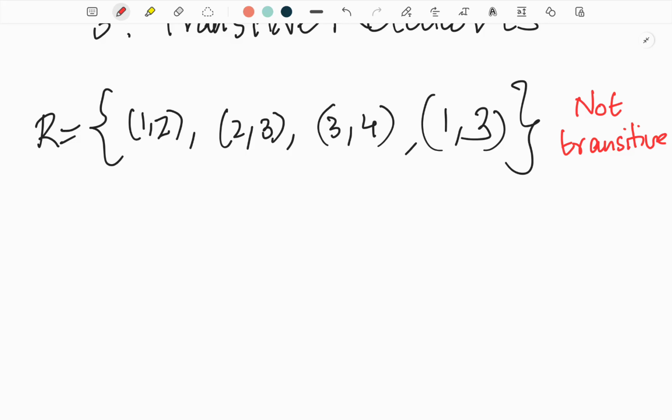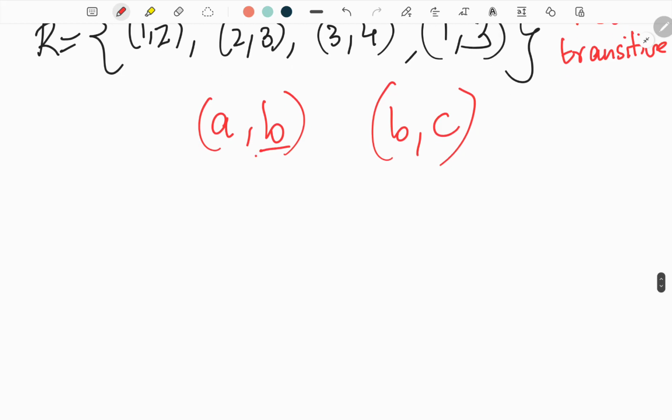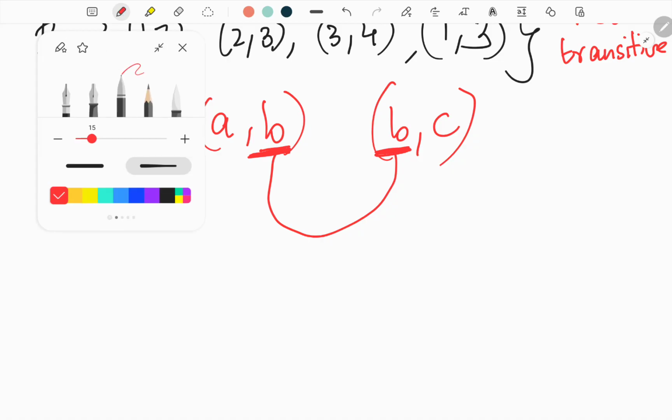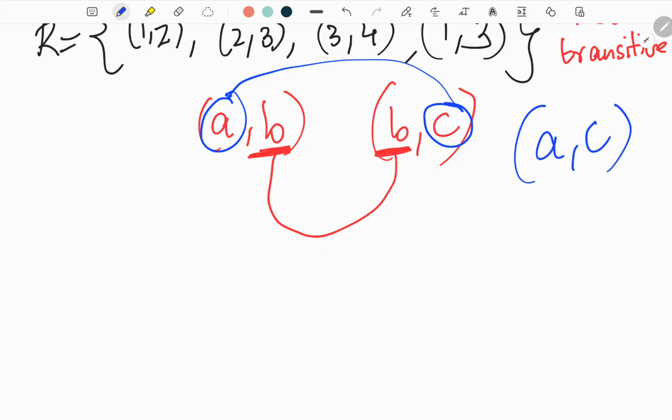If there are two elements A, B and B, C in a particular relation, that means if one of the image values acts as the pre-image in another ordered pair, then the ordered pair connecting the remaining elements should also exist.